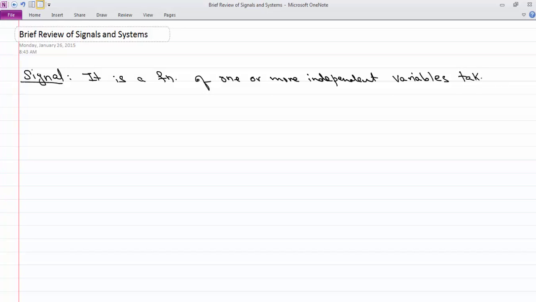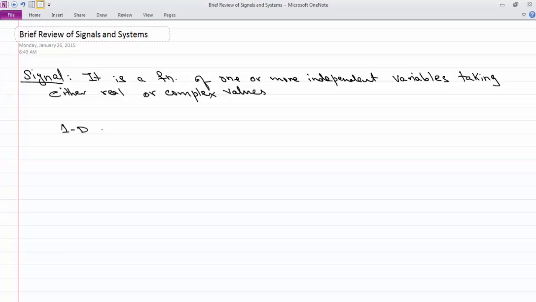And the function takes either real or complex values. Okay. So one or more independent variables means we'll call the signal a 1D signal, 2D signal, 3D signal. There are n dimensional signals.